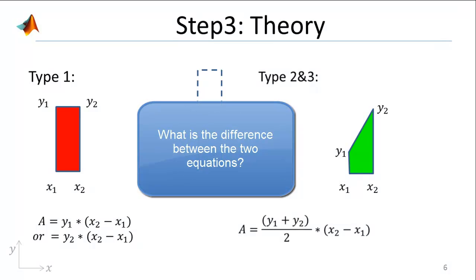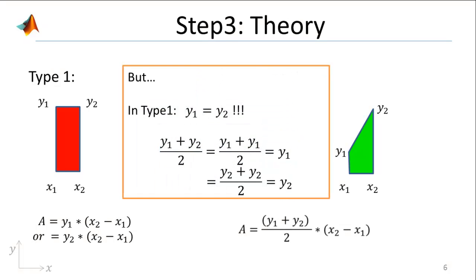But let's see what the difference is between the 2. The only thing that's different is the actual height. In one case it's just y1 or y2. In the other case it's the sum divided by 2. Try to compare type 1 and types 2 and 3. If you think about it, in type 1 we have y1 equals y2.